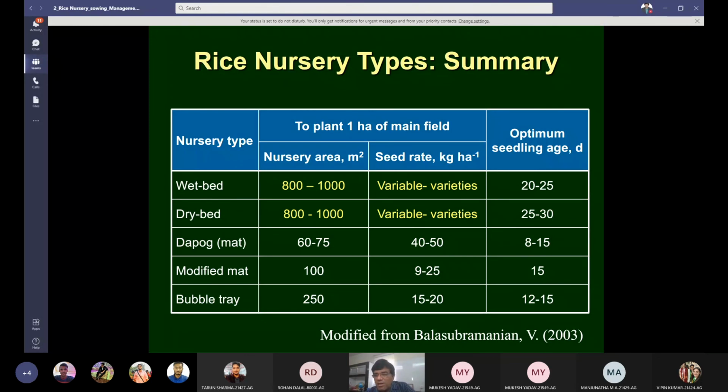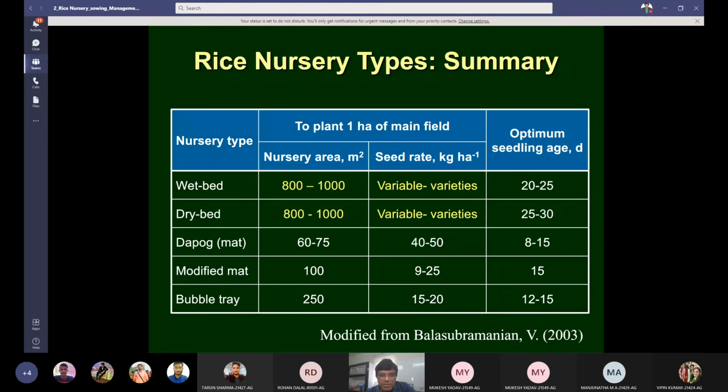In India, 20 to 25 day old seedlings are recommended if you are having wet bed nursery. In dry bed, it is always 25 to 30 days because germination is longer. In wet bed, you use the pre-germinated seed. Here, you use the soaked seed only. So germination takes 2 days extra here. Therefore, 25 to 30 day old seedlings are required.